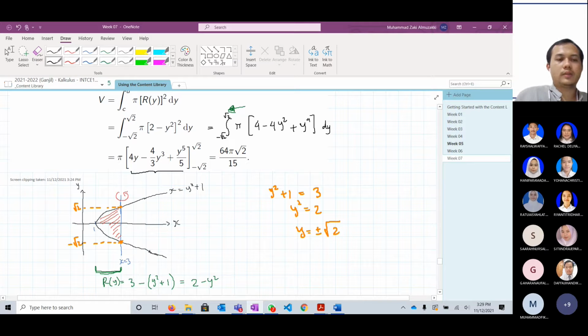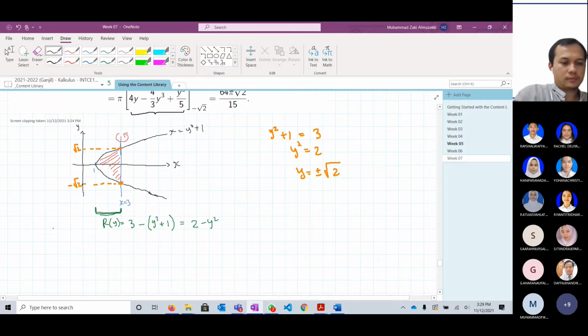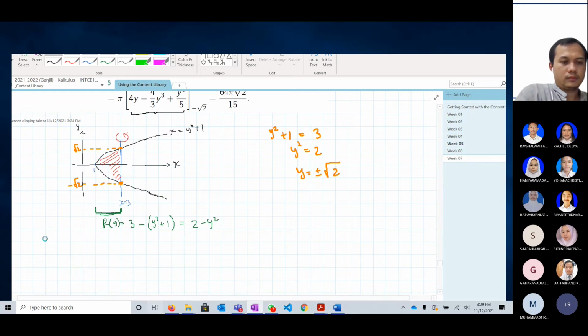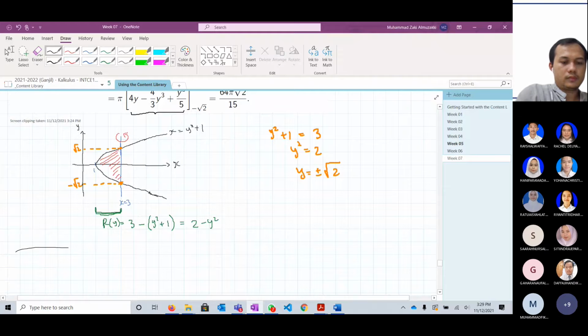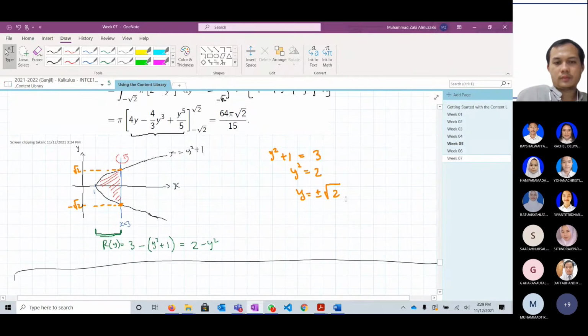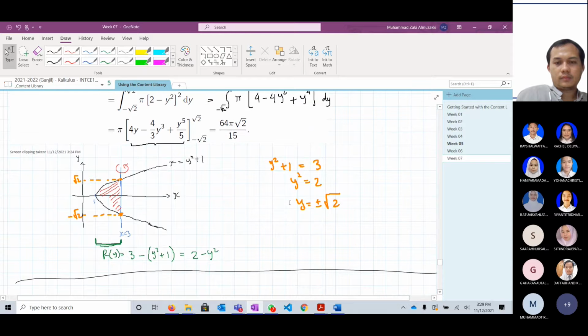This is the result of the integral. So the volume is 64 pi square root of 2 divided by 15. Any question? Any question? No?